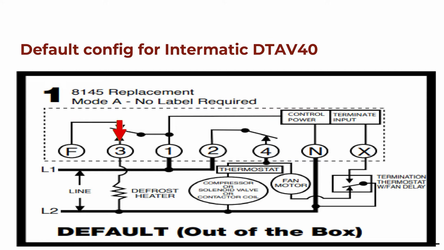You have terminal 3, which is connecting to one side of your defrost heater. The other side of your defrost heater is connecting to L2. You have terminal 1, and this is where your line voltage would be coming into terminal 1. But also in this configuration, there's a jumper over to terminal 2. So the same power is feeding terminals 1 and 2.